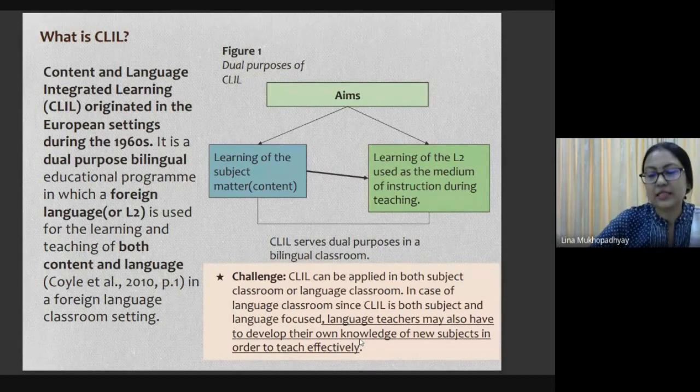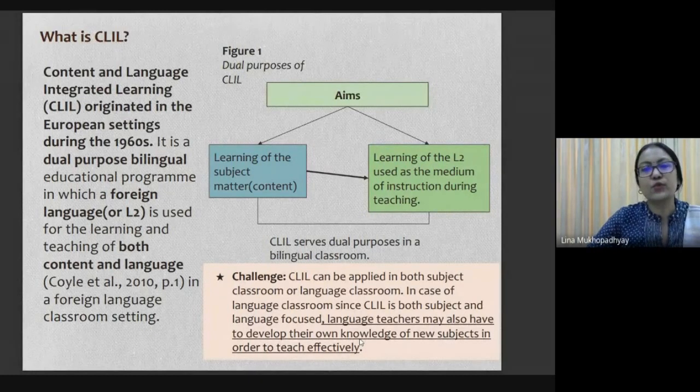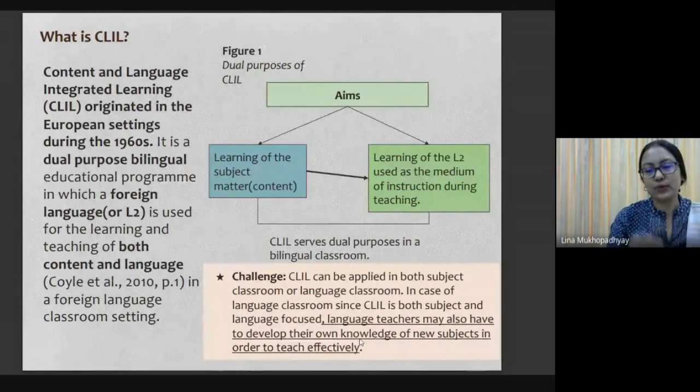An English teacher would be expected to have knowledge of, let's say, EVS or history or geography in order to use that content in the language classroom, and vice versa, subject teachers would need some awareness about the target language to see how it is being learned through the content. So it works both ways, and there are challenges that the teachers face.